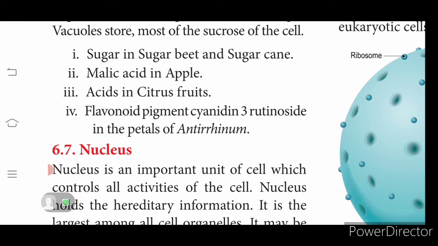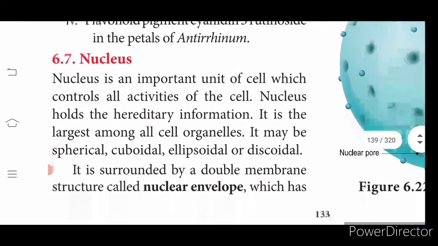The materials that the vacuole can store are most of the sucrose in the cell, sugar in sugar beet and sugar cane, malic acid in apple, acids in citrus fruit, and flavonoid pigment cyanin 3-rutinoside in the petals of Antirrhinum.